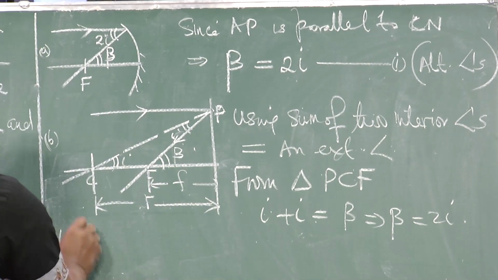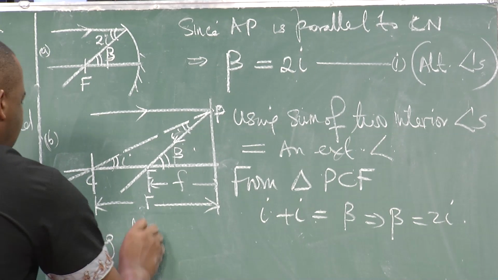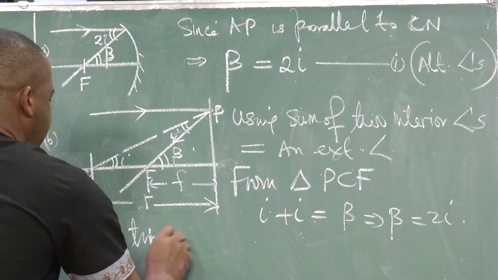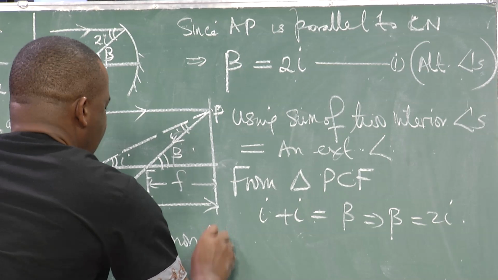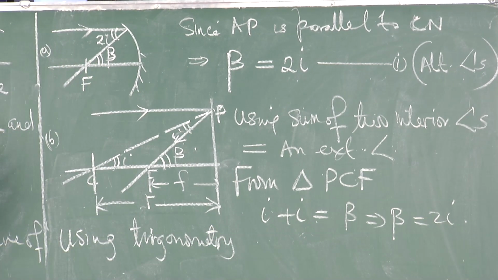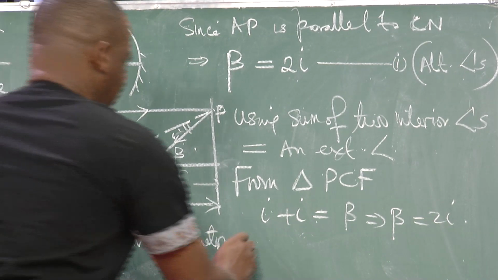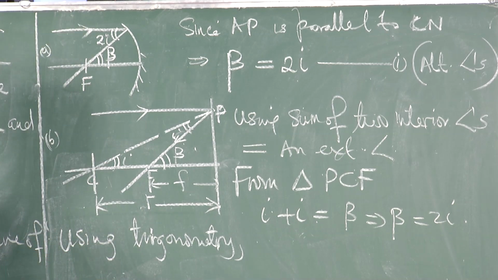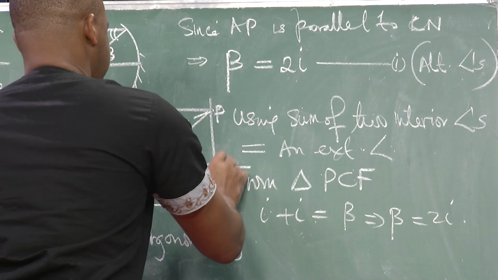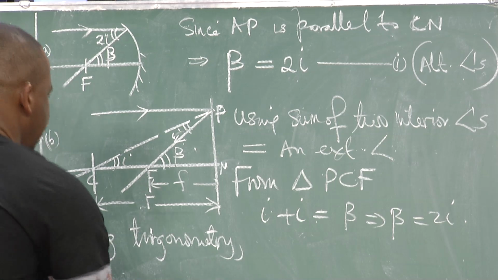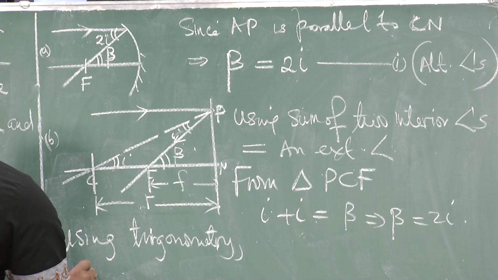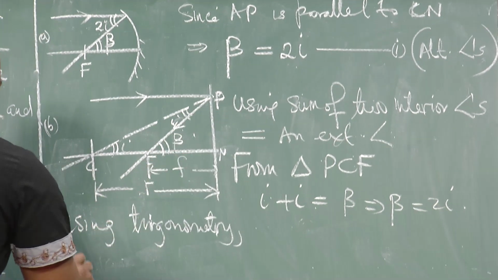So using trigonometry, and taking, for example, sine and tan, this point we called it N. We could say that this is opposite over adjacent.